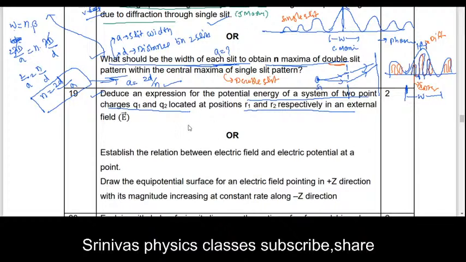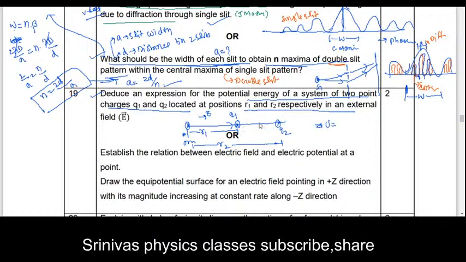You see here, this is for example the origin, and two point charges q1 and q2 are located at the position vectors r1 and r2. Then the question is that they are placed in the external electric field. Potential energy is what they are asking.